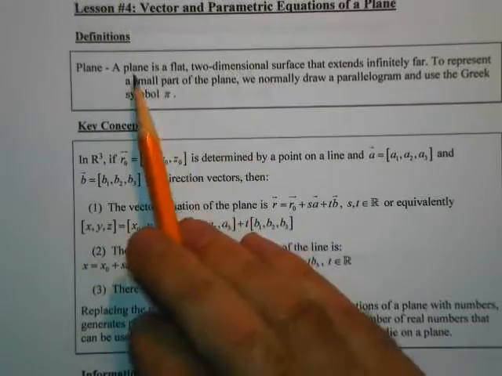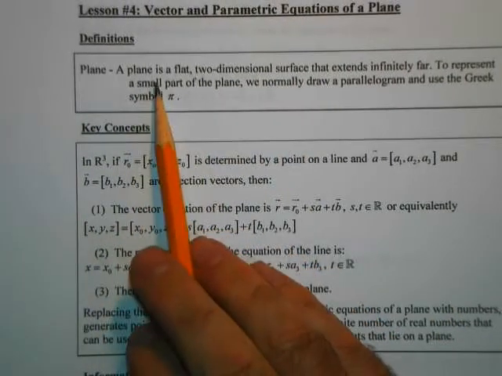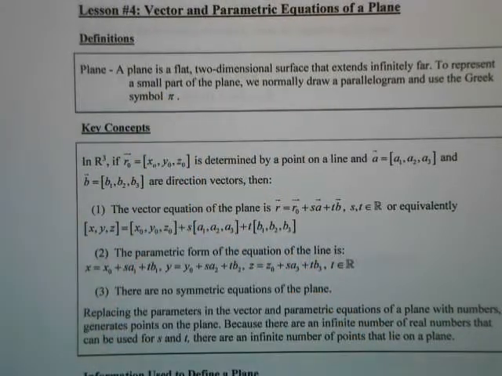All right, so I guess we already know what a plane is, but there's something new here, so let's read it. A plane is a flat, two-dimensional surface that extends infinitely far. To represent a small part of the plane, we usually draw a parallelogram, and we use the Greek symbol pi.